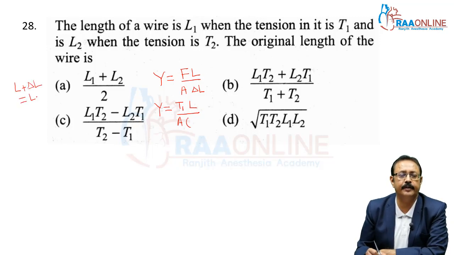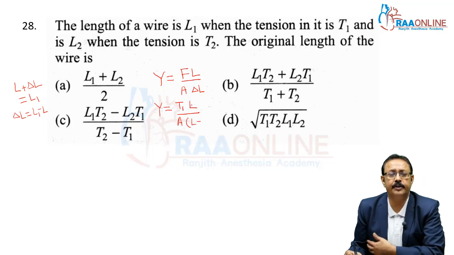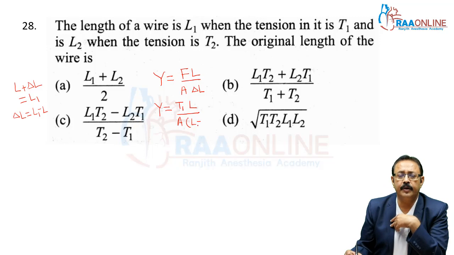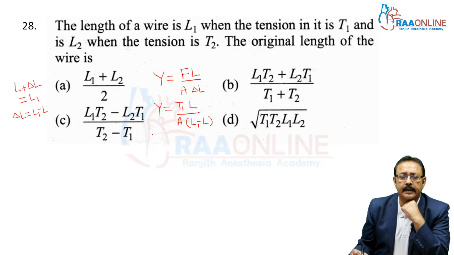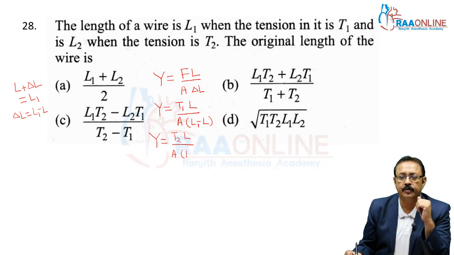Initially it was L1, so in the first case delta L should be L1 minus L, where initial length we are taking as L. In the second case, we are putting tension T2, the wire was the same L, area of cross section was the same, but due to this, length changed up to L2. So now change of length should be L2 minus L.